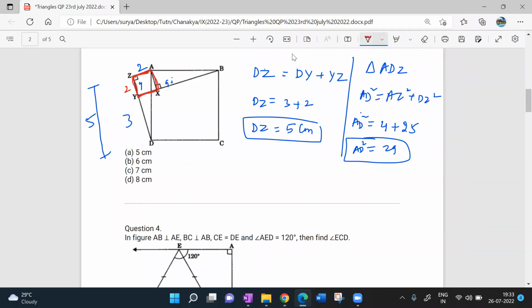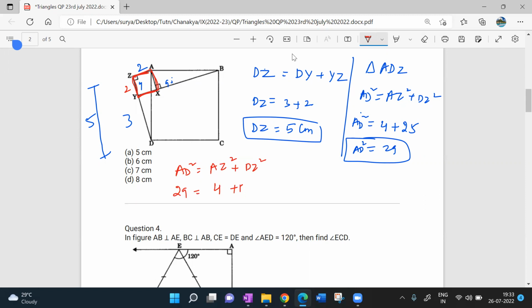AD square is equal to AZ square plus DZ square. AD square we got 29, AZ square is 4, plus DZ, which is equal to BX.